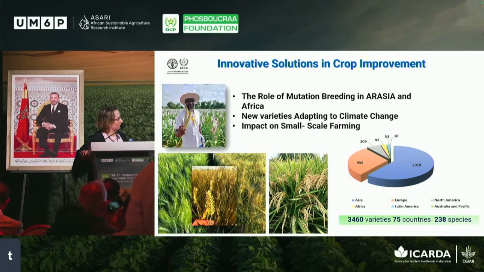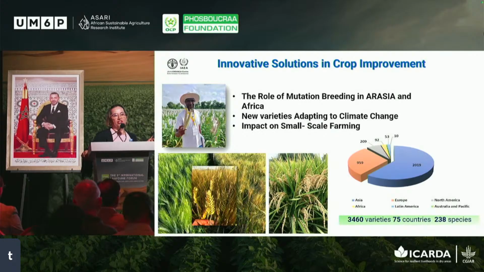You can see that Asia is extensively using this technology, and in our recent project in Africa we are trying to increase the number of mutant varieties. But I checked, and releasing new varieties in Africa is very low in traditional breeding as well. It is not only a mutation breeding issue. Despite this, we are working with many member states. I will show you many success stories from Africa, what we are doing now.